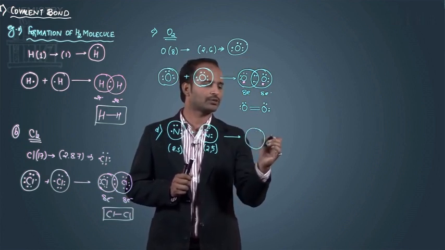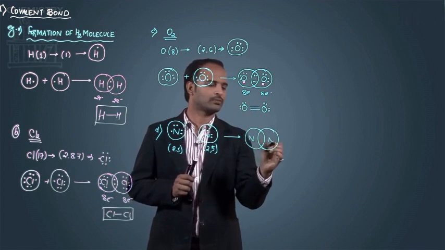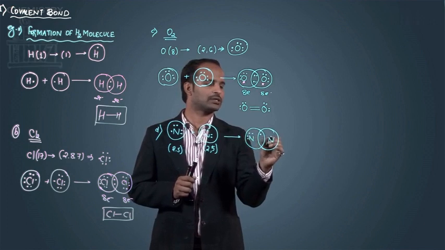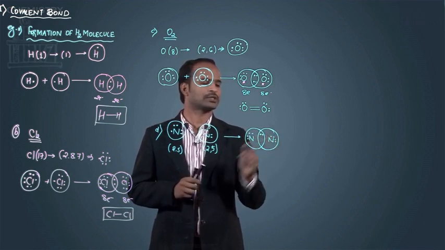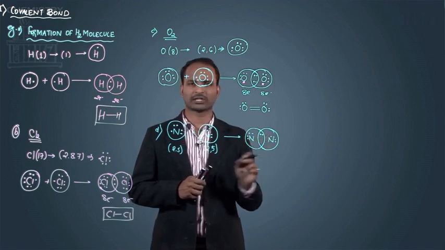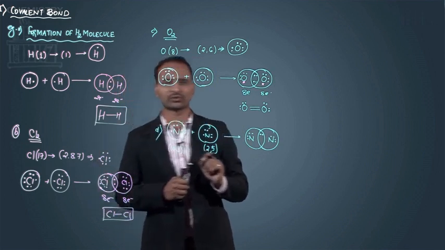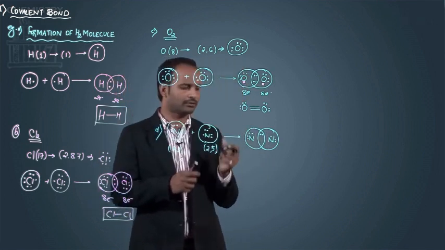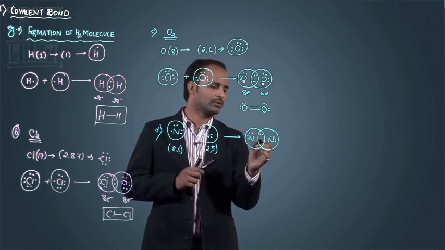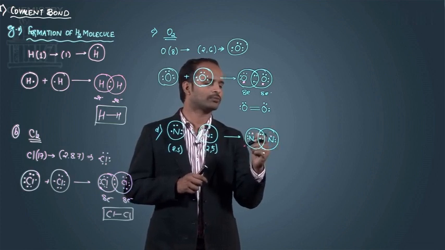So first nitrogen, second nitrogen. Each nitrogen was having 5. Suppose 1 electron is given by this, 1 by this. Now how many electrons are there? 2, 2, 4, 2, 6. Means the octet is not complete. And the octet rule says that they will share or gain or lose electrons until they get an octet. So for the octet formation, it will give one more electron, and similarly this will also give one more electron.